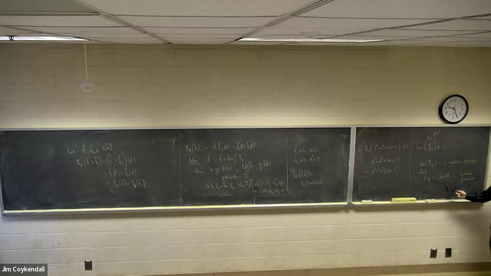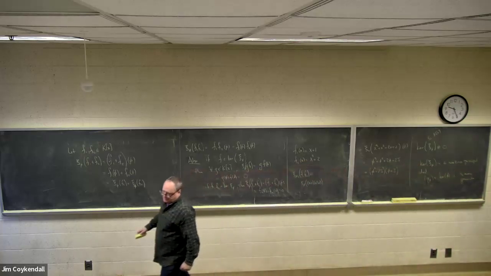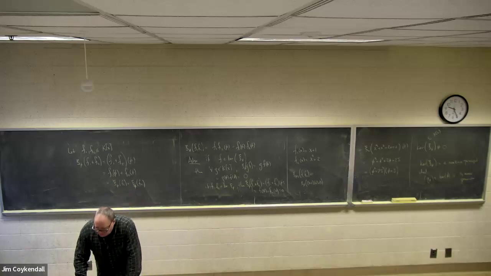So the kernel is generated by a non-zero polynomial, right? Now, that polynomial can have any coefficient of its leading term, but you can adjust that to be one. And once you declare the leading coefficient as one, then it's unique, there's only one generator, if you demand it to be monic. Okay, so far.